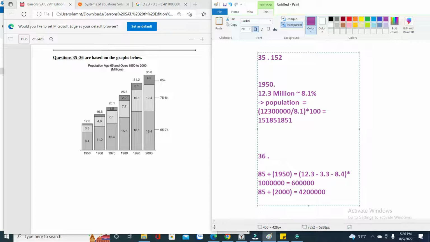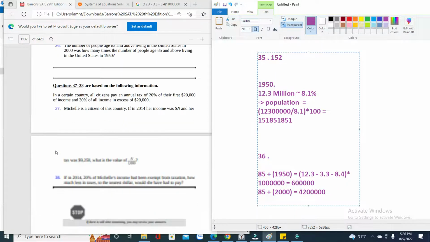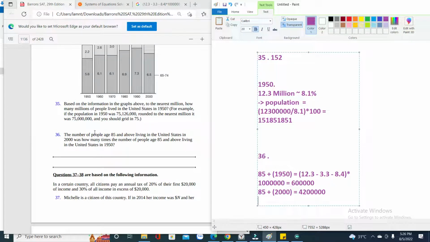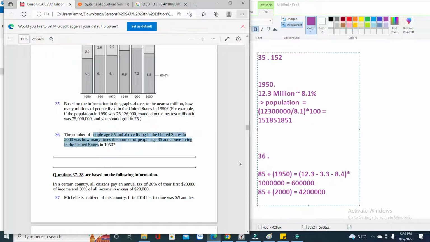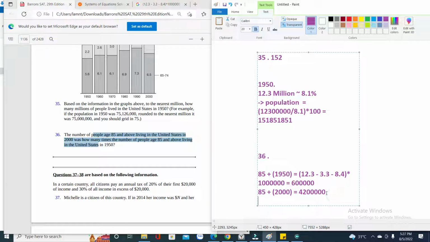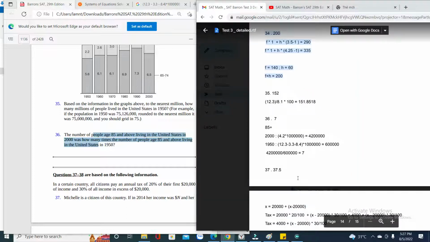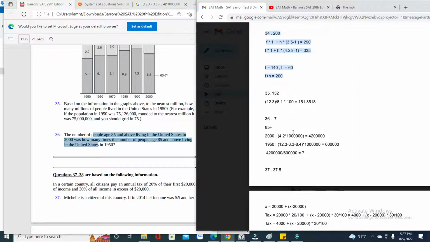They just gave it to us. So what they ask is how many times. So 4,200,000 divided by 600,000 is going to be 7 times, right? So 36 is 7, exactly 7 times. Okay, 7 times.